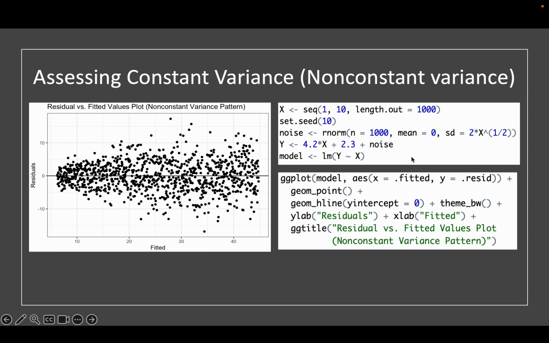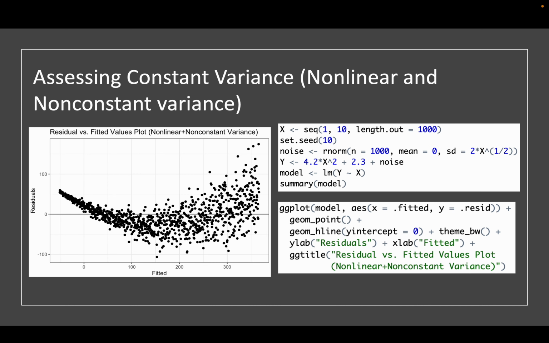And here I'm simulating a model that deviates from the constant variance condition by adding noise where my standard deviation, which is again the square root of the variance, is a square root function of the x. So I'm implicitly adding noise that does not satisfy the constant variance condition, and hence I can see a fanning out pattern here plotted again for the residual versus fitted plot.